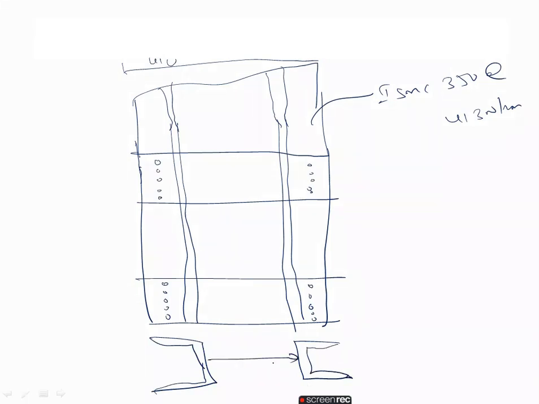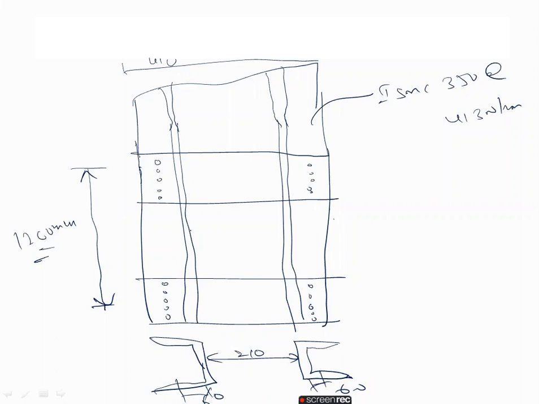The D value is 210, and here the gauge distance is 60, and here also 60. Let us take this as the C value, the distance between center to center of spacing, that is 1200 mm, the distance between the battens.